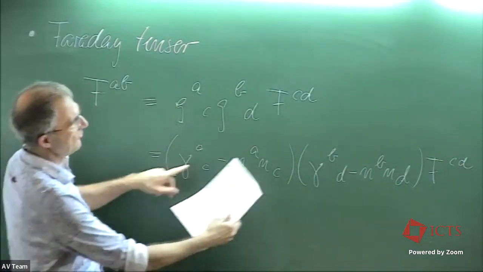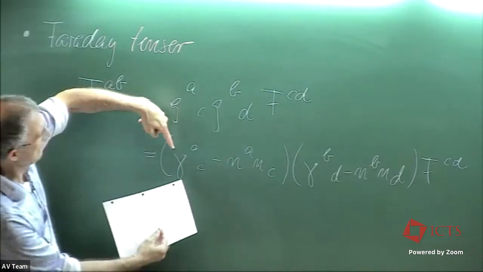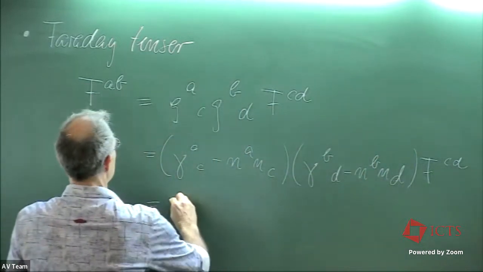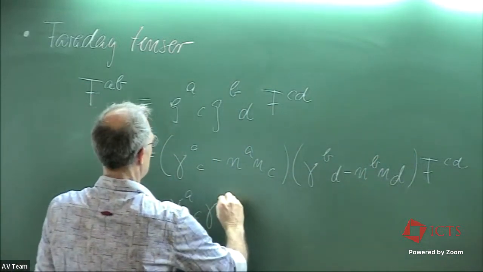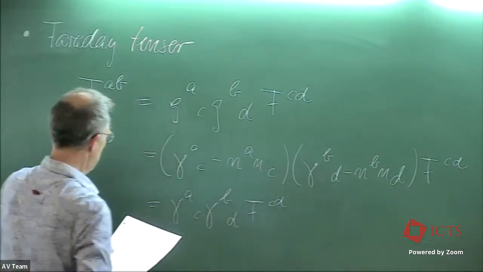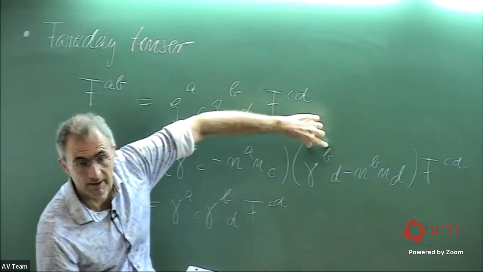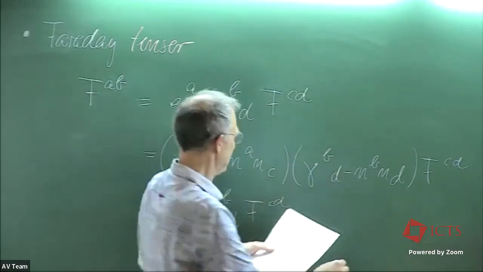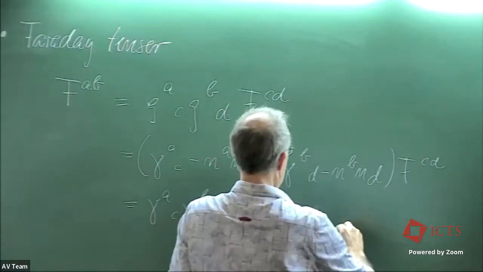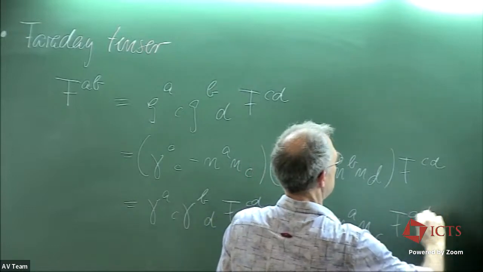Now we have four terms when we multiply out all these terms, so let me write them down. The first term is when we have two projection operators acting on F_CD. So that gives me gamma_A^C gamma_B^D F_CD. Then I have two mixed terms, where one set of n's multiplies the gammas. Let me start with this gamma: gamma_B^D n_A n^C times F_CD.